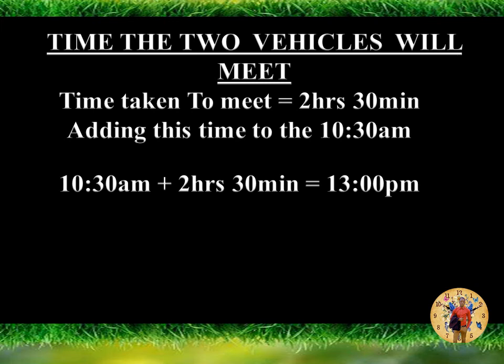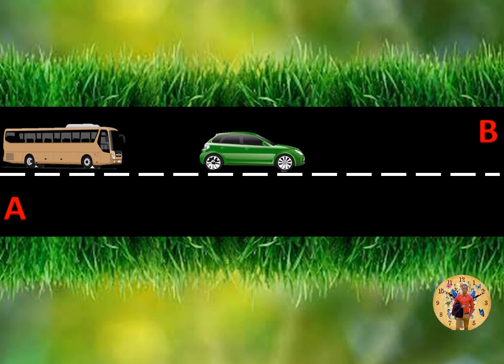Alright, we cannot take 10 a.m., because at 10 a.m. the bus was not moving. Therefore, when you add the 2.5 hours to 10:30 a.m., we actually get that the car and the bus are going to meet at 1 p.m. So 1 p.m. is the point where the two vehicles are going to meet.